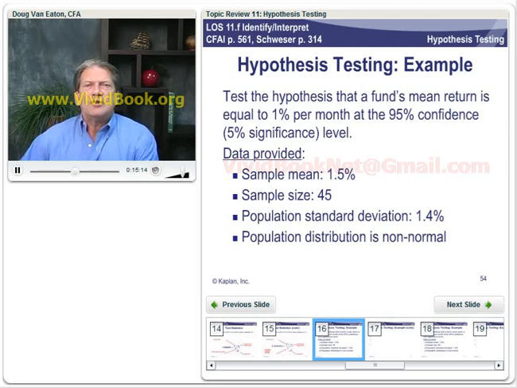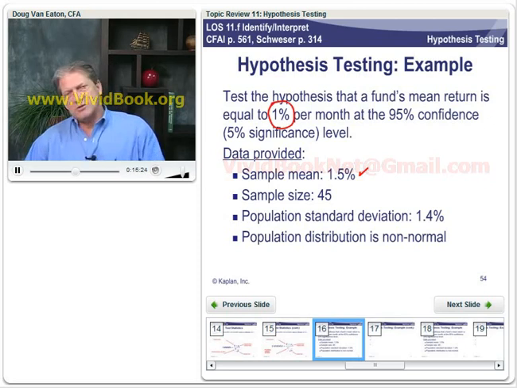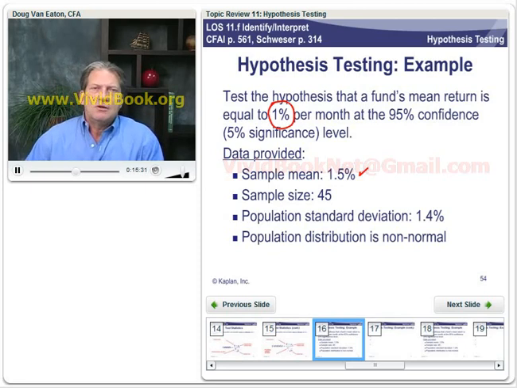So here's the data provided. Our sample mean, 1.5%. So we know that's different from our hypothesized mean. The question becomes, is it statistically significantly different? Or does this just happen by chance because our sample mean is bouncing all over?